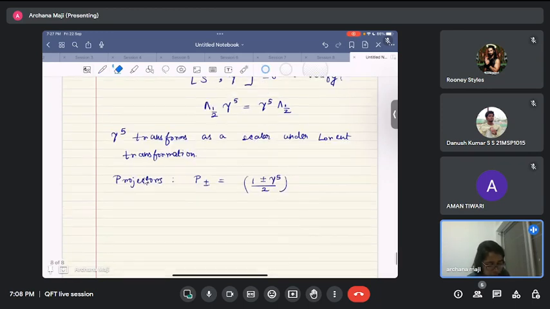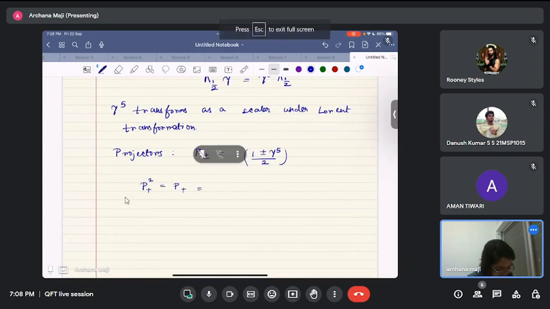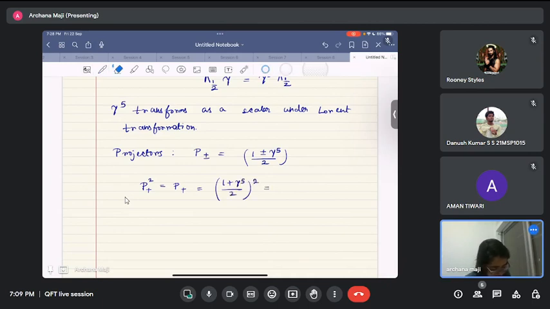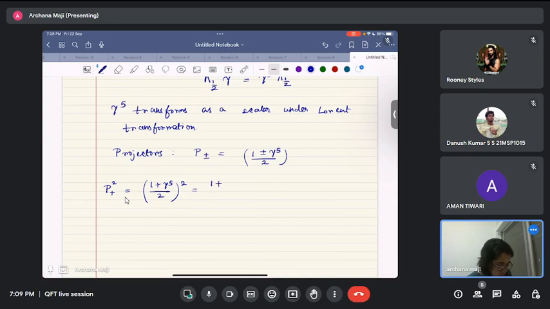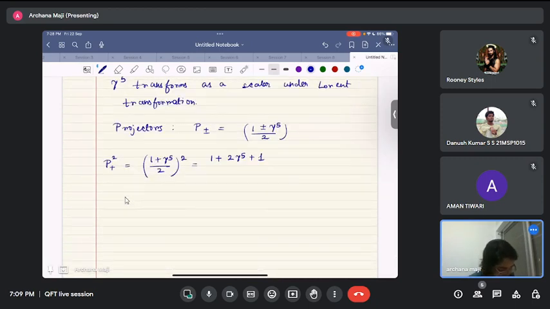Why do we call it a projector? A projector has these properties that P plus squared should be equal to P plus, likewise P minus squared should be equal to P minus, and that is indeed the case, because if you square (1 plus gamma 5) divided by 2, we get (1 plus 2 gamma 5 plus gamma 5 squared) over 4. What we said, gamma 5 squared is identity, so we get (1 plus gamma 5) divided by 2.